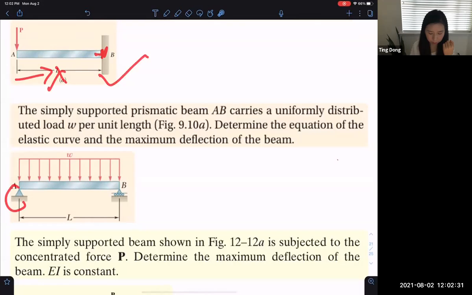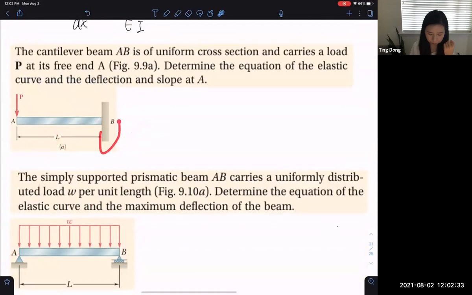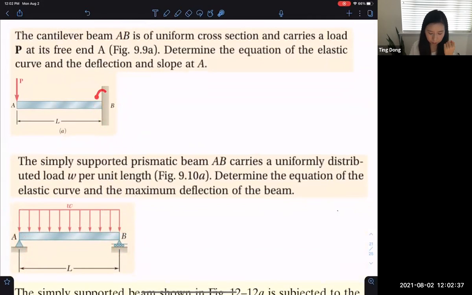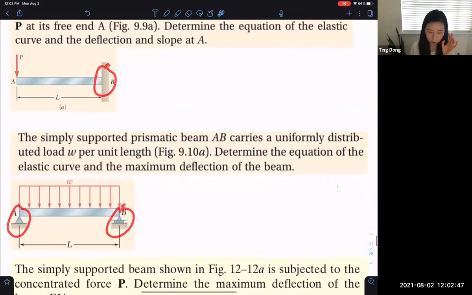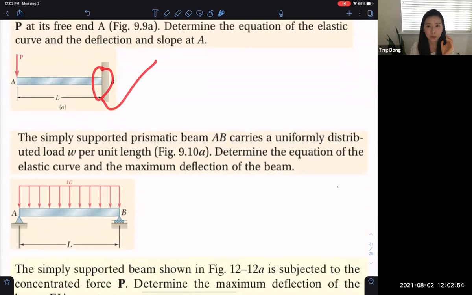The difference between this one and this one is that here it does not allow rotation, but for this pin joint or roller support, it can rotate, right? So for this clamped or fixed support, we can write two equations: y equal to 0, dy/dx equal to 0 at x equal to L.